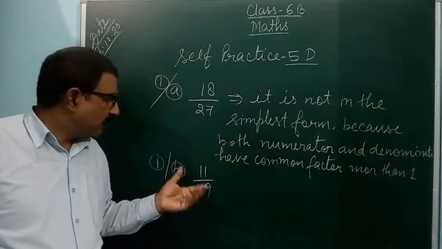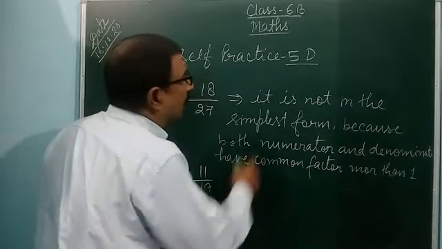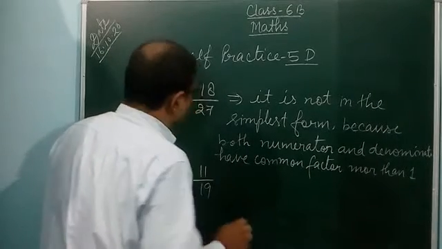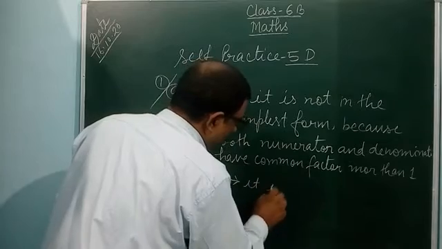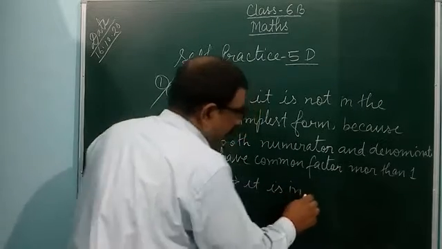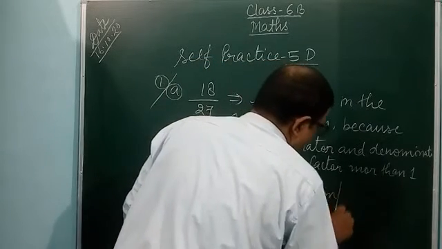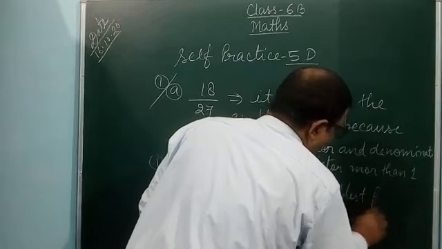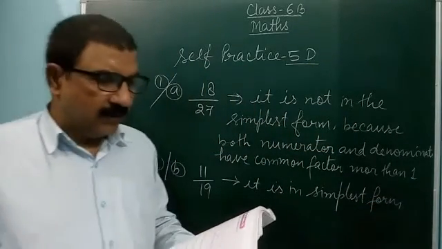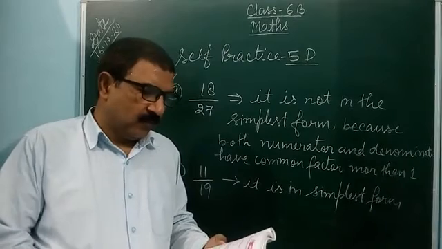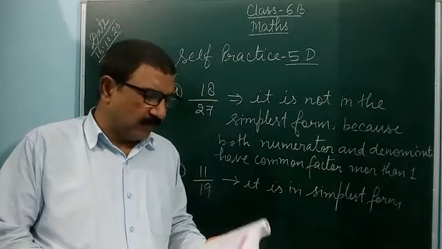So in this case, this is in simplest form. You can write it is in simplest form. In this way you can do C, and D you do yourself.